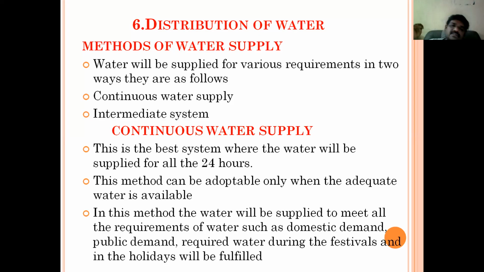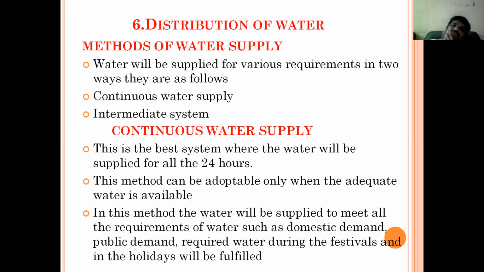The first and foremost topic is methods of water supply. In the distribution system, what are the methods? There are two methods. One is continuous water supply, followed by the intermittent system of water supply.